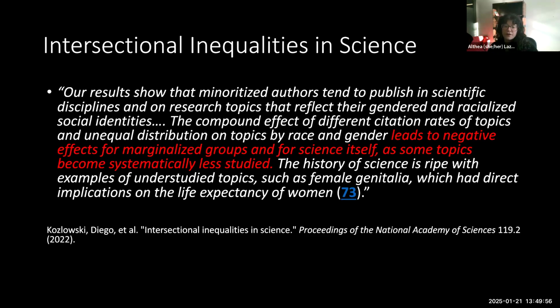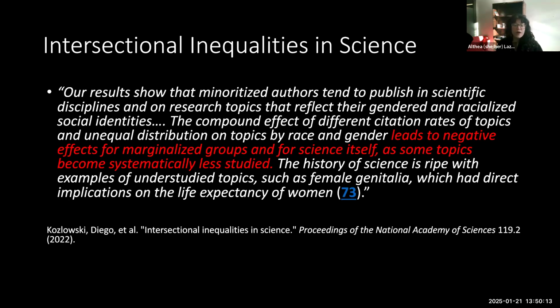The compound effect of different citation rates of topics and unequal distribution on topics by race and gender leads to negative effects for marginalized groups and for science itself, as some topics become systematically less studied.